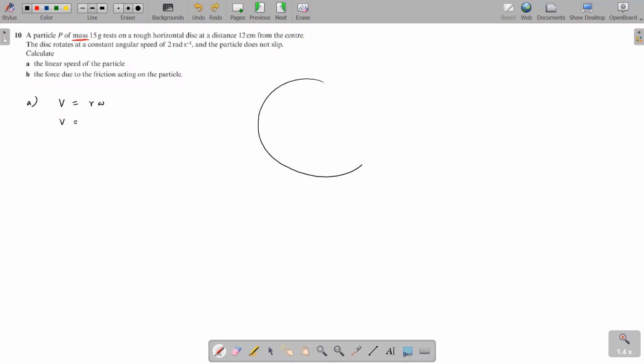So this is the disk and you have the particle. You could keep it on the edge or anywhere; the thing is the particle is 12 centimeters away from the center. So calculate the speed of the particle.